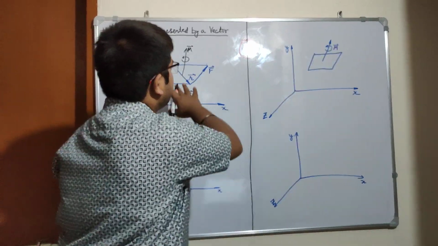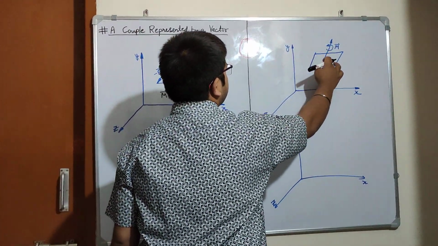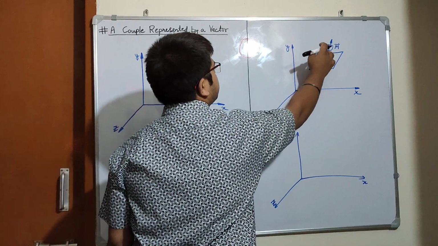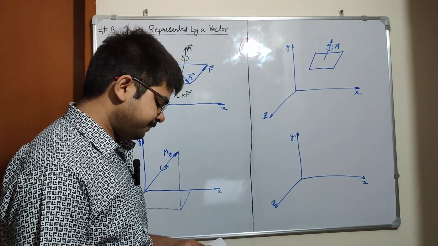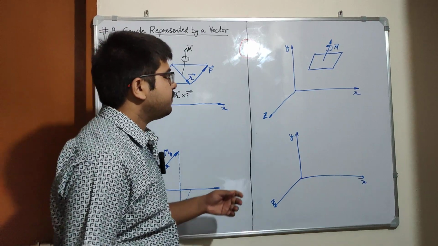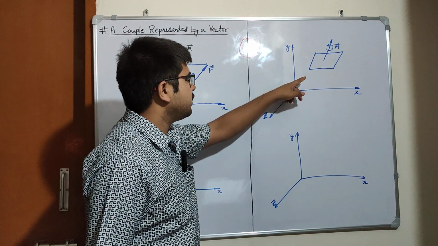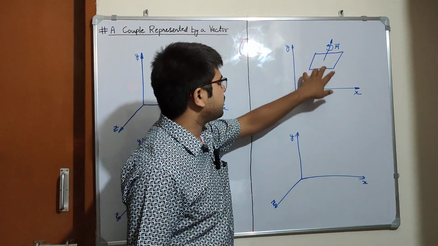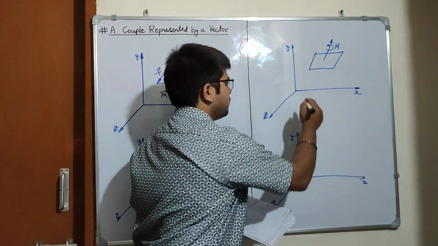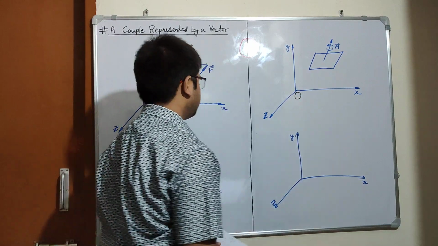So I have made a plane and a vector here which shows the moment vector M. Now we can resolve this moment vector M into its components. We can shift this M vector to the origin.